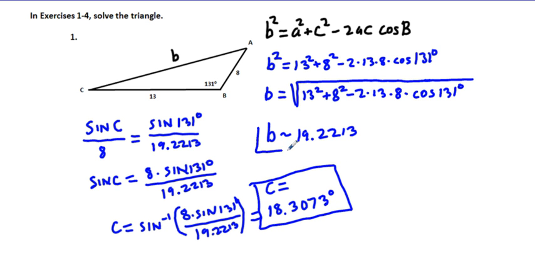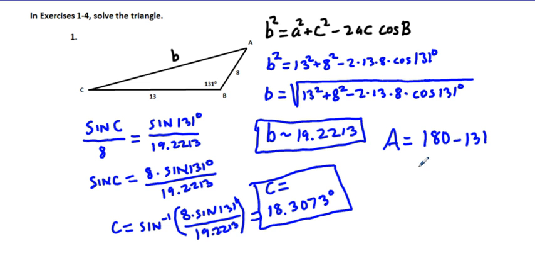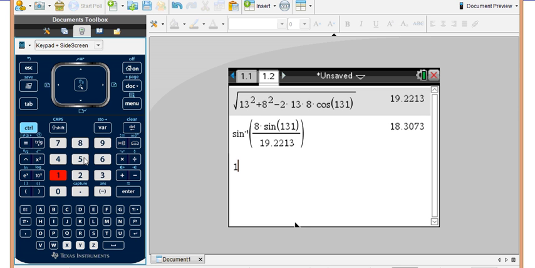We have side B. And the last thing we need to do is find angle A. So angle A is going to be equal to 180 degrees minus 131 degrees minus 18.3073 degrees.